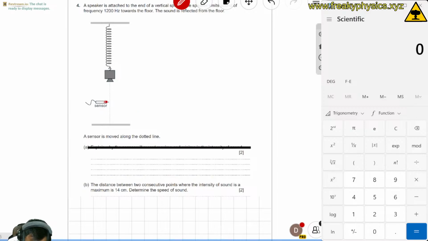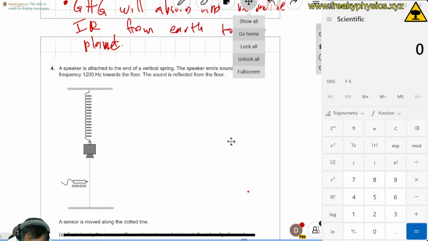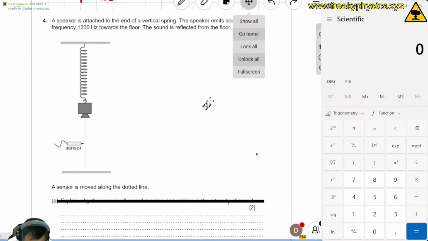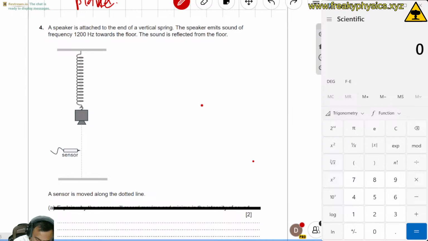It doesn't really move, right? Does the sensor itself oscillate according to the problem? No. But the sound is reflected off the floor. So this is important. Since the sound is reflected off the floor, we have a standing wave. And standing waves make it a bit easier to analyze because we know that there will be nodes and antinodes, right?